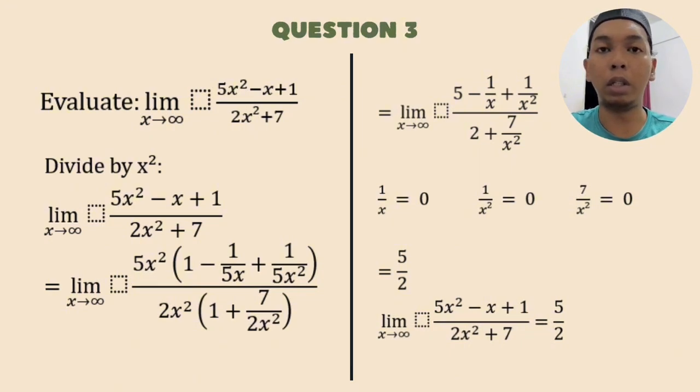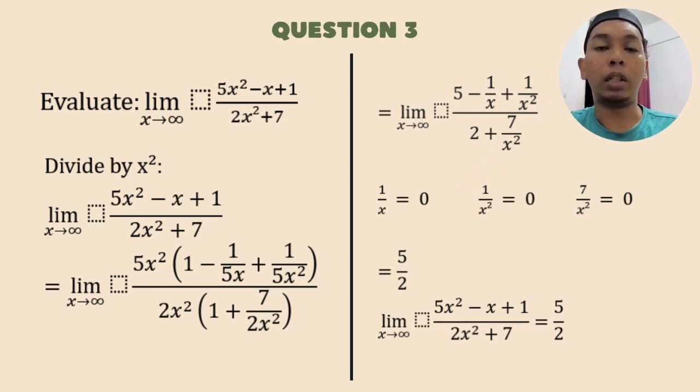The limit given is (5x² − x + 1) over (2x² + 7). To solve this, we first observe that both the numerator and denominator are quadratic expressions. The highest power of x is x². So we divide every term by x², which you can see here.